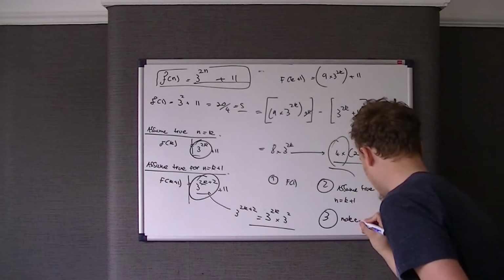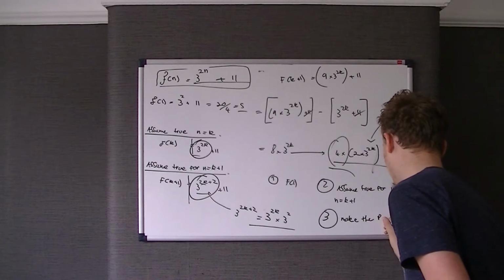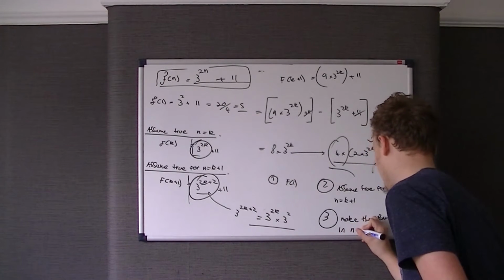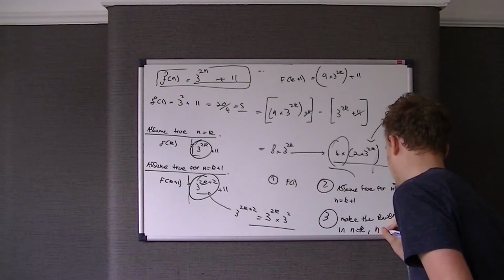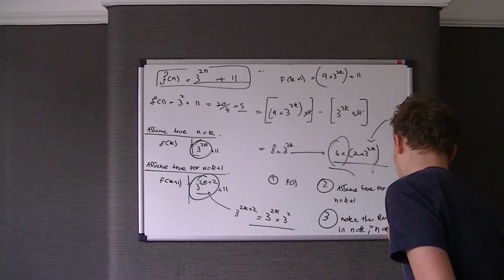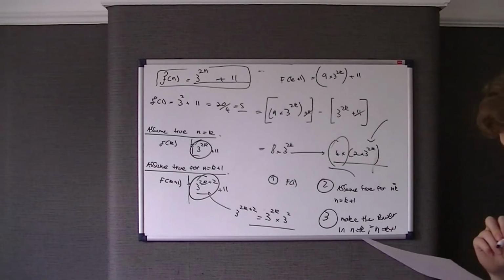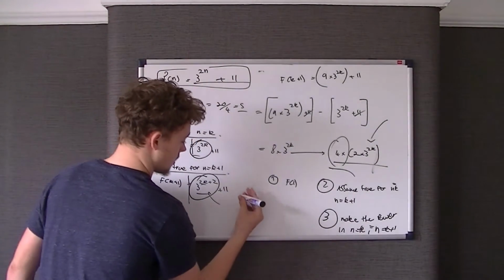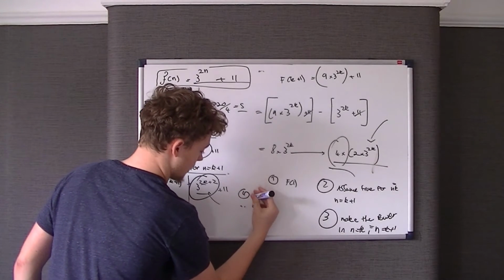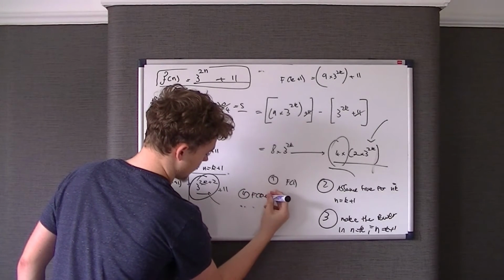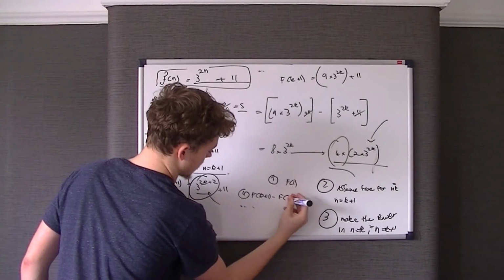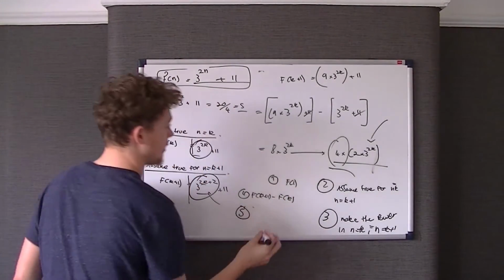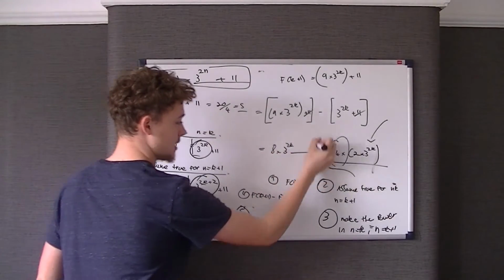So make the power involved in n equals k have the same power as n equals k plus 1. Okay? And then the fourth step is kind of what we've shown over here. So the fourth step would be doing f of k plus 1 and taking away f of k.